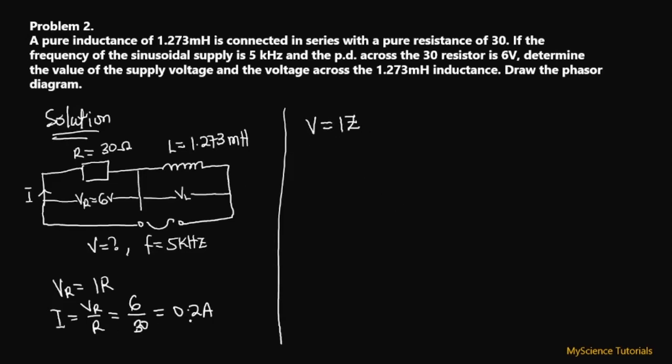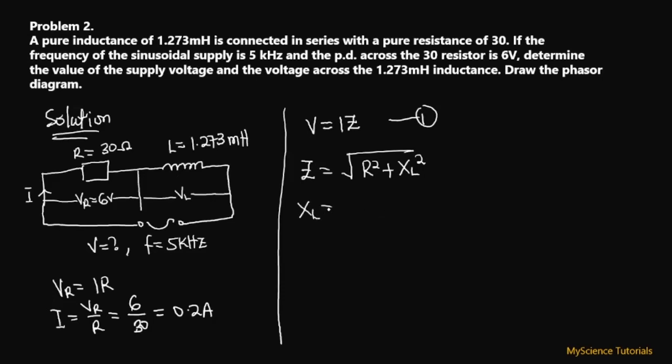Now we've already found the current, but we do not know our impedance, so we need to find it. Our impedance is given as the root of the resistance squared plus the inductive reactance squared. Here again, we realize that we do not know our inductive reactance, so we have to find that.